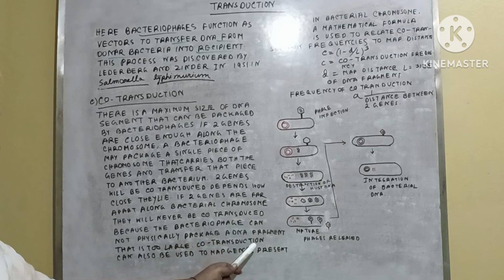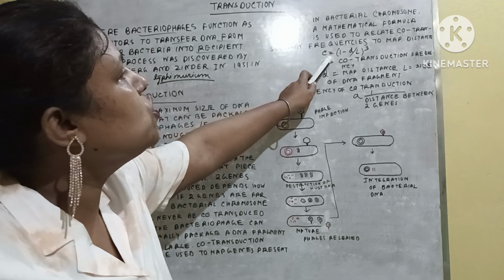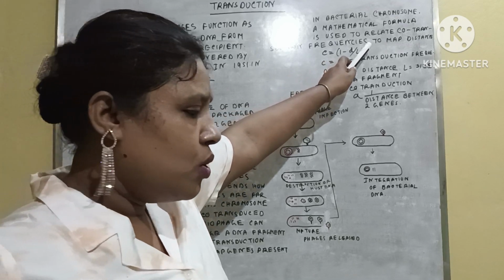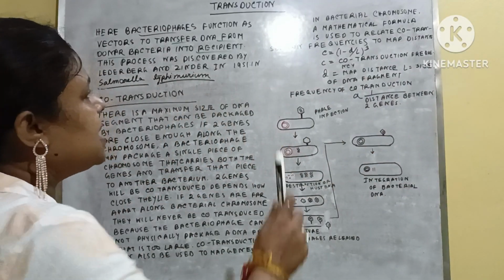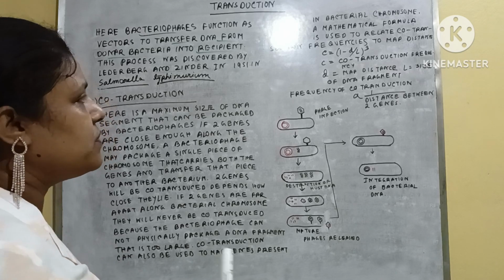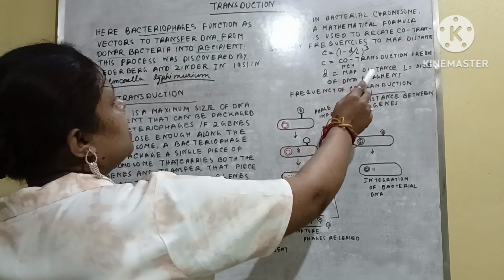So what is it used for? To map the genes present in the bacterial chromosome. That means it helps in the mapping of bacterial chromosome genes. The co-transduction frequency is equal to (1 - d/L) whole cube, where C is the co-transduction frequency, d is the map distance, and L is the size of the DNA fragment.